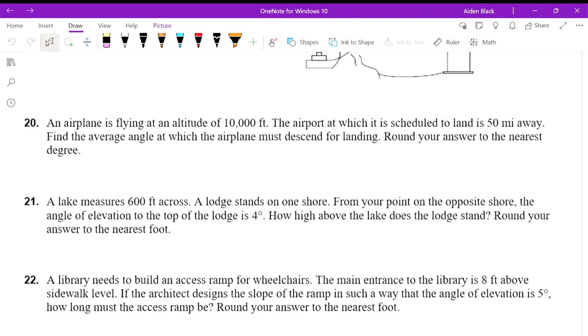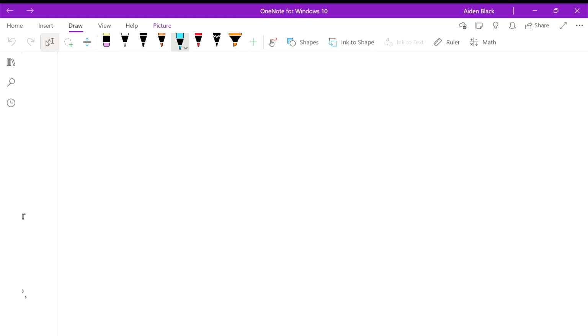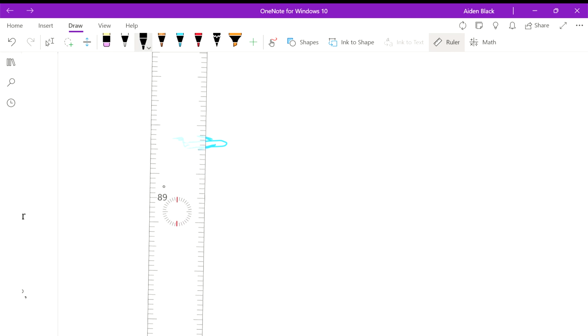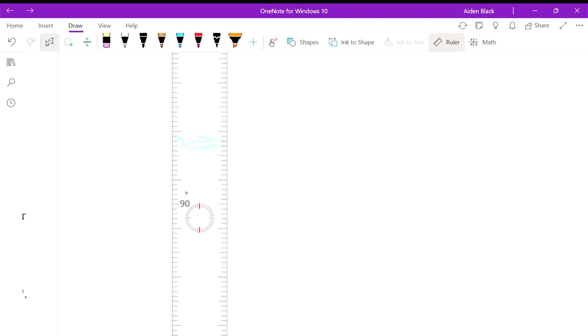So, let's start by drawing this out. Draw a little airplane, like that. And we know that it's 10,000 feet above the ground. Start right there.